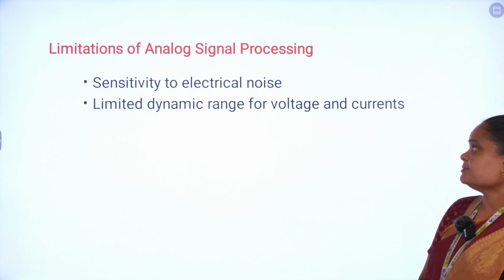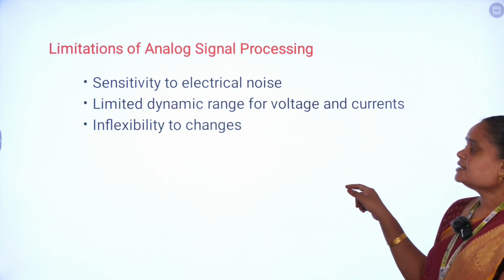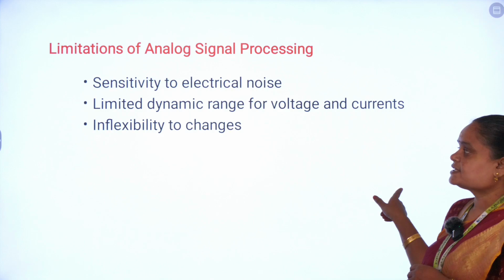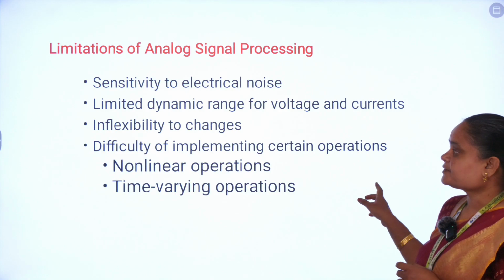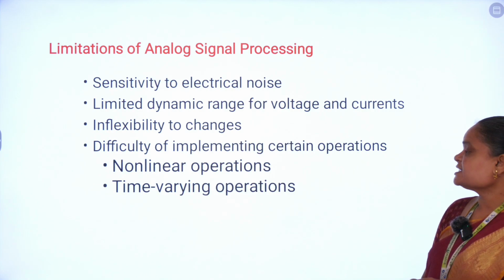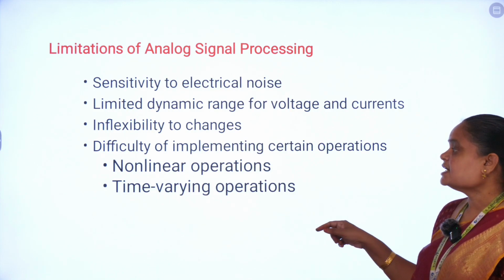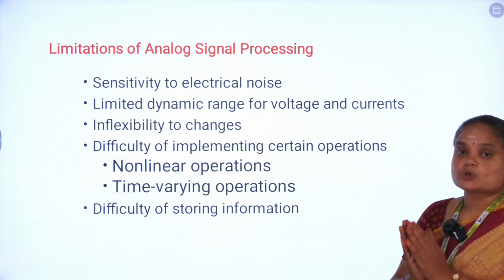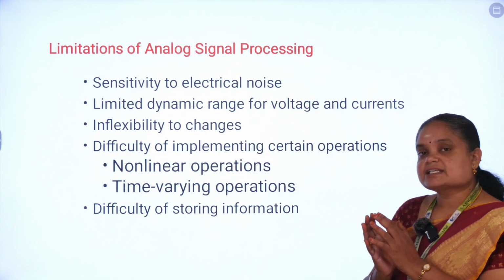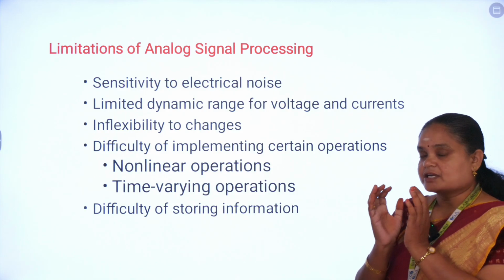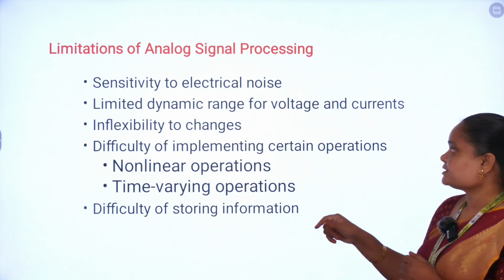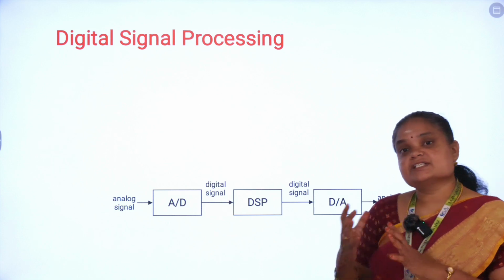And then limited dynamic range for voltage and currents. Inflexibility to changes. It is not flexible. Difficulty of implementing certain operations, that is non-linear operations and time-varying operations, and difficulty of storing information, because analog signals occupy more storage.